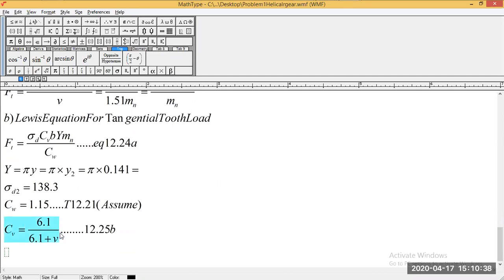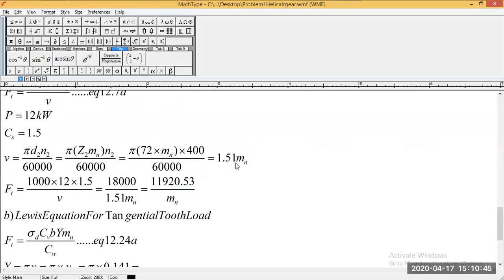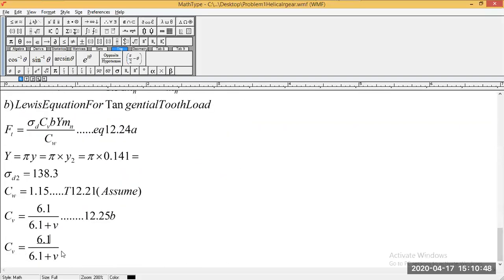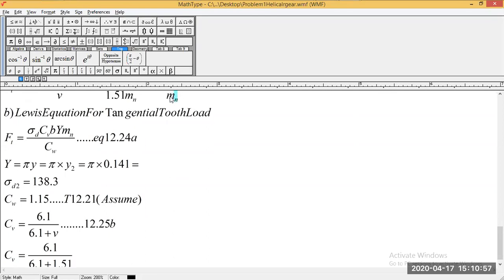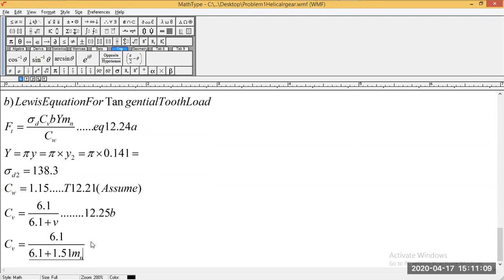Velocity, I think we already have velocity, so you can use that. So velocity here is 1.51 mn. Let's copy this. Right, so this is our CV.